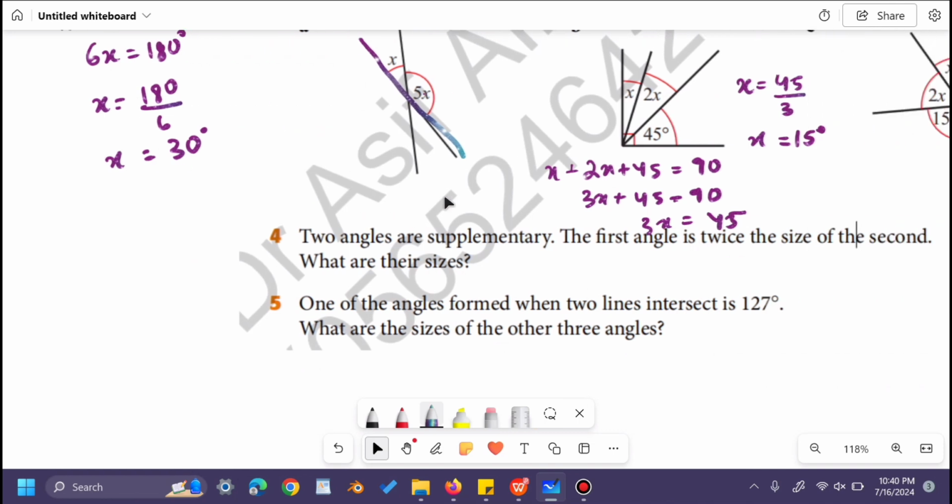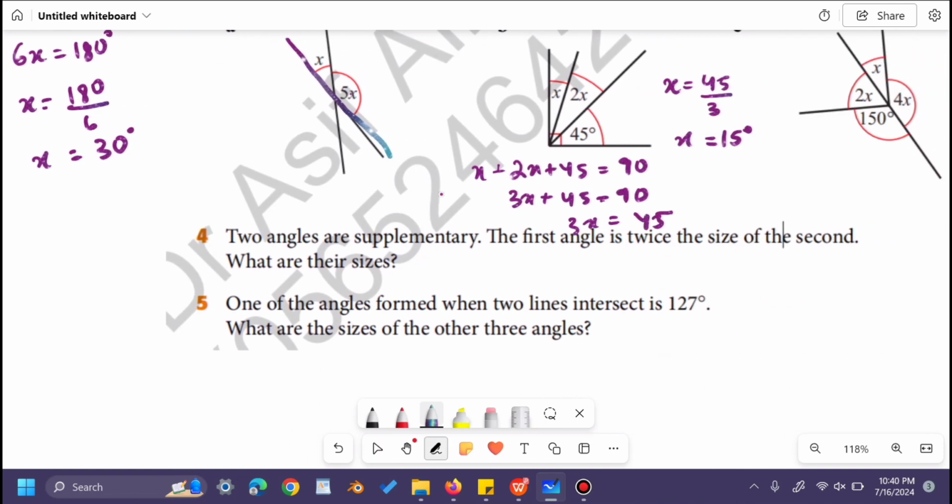Question number 4 says two angles are supplementary. Okay, that means उनकी combination जो है वो 180 degree का बन रहा है. ठीक है, the first angle is twice the size of the second. यानी जो first angle है वो दूसरे angle का double है. We can say x और फिर उसका 2x, यानी वो उसका twice है, that is equal to 180 degrees.